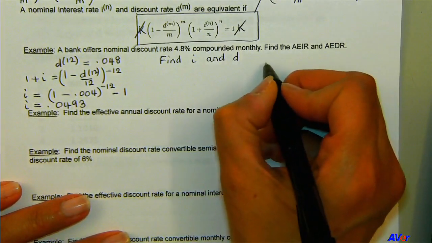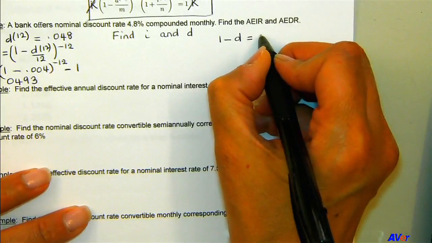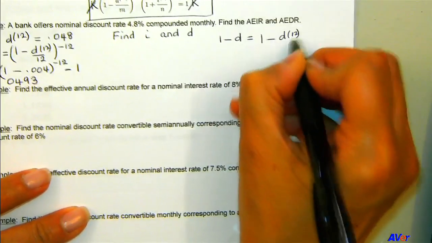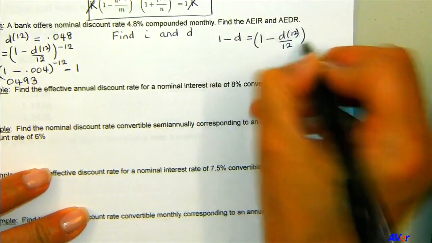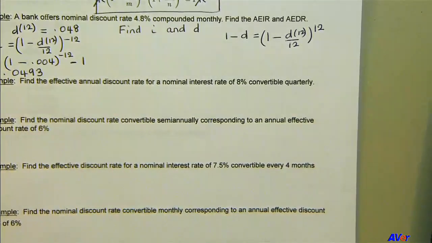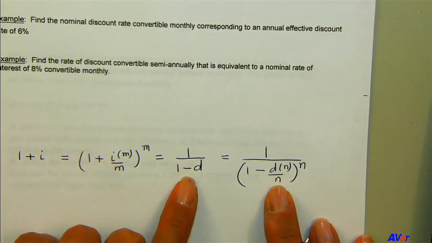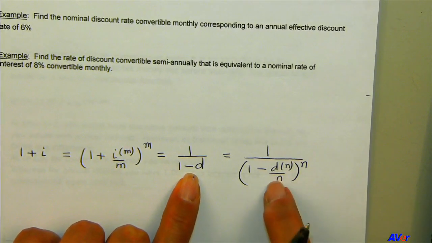And we also want d. So 1 minus d equals (1 minus d^(12) over 12) to the 12. Look at these two. I'm setting 1 minus d equal to this one, and I'm dropping both the minus 1 exponents because I don't need them.